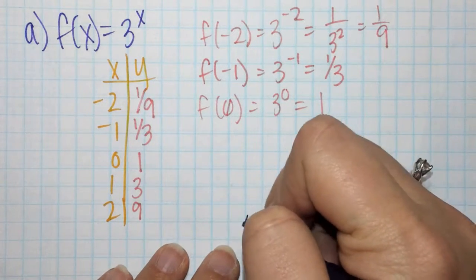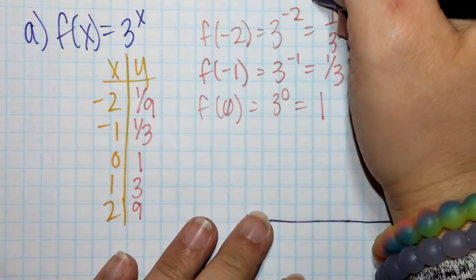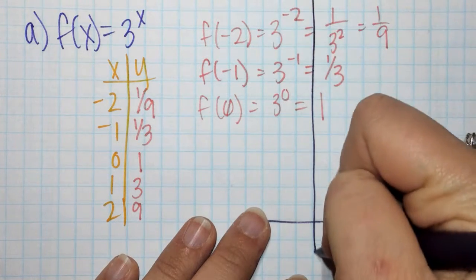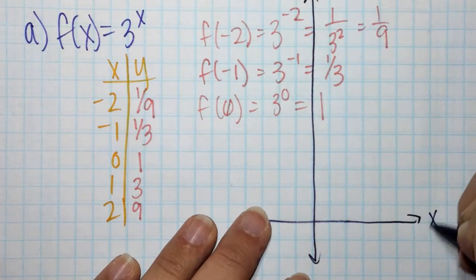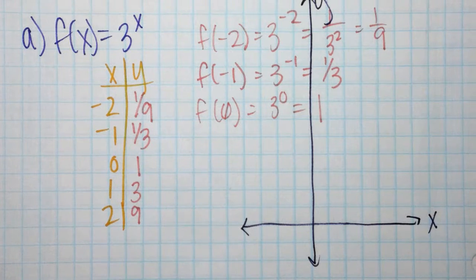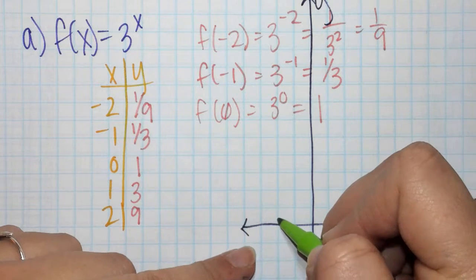All right. So now draw your graph. We're going to plot -2 and 1/9. The way you plot fractions is you just go up a little bit. So we go left 2, up a little bit.